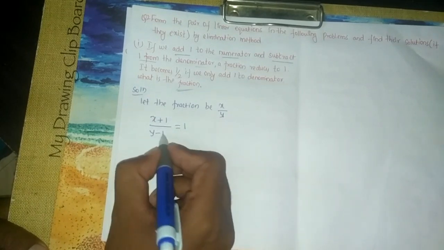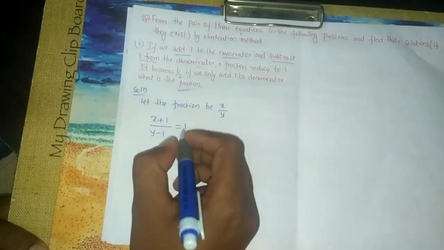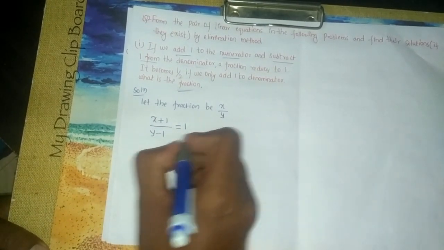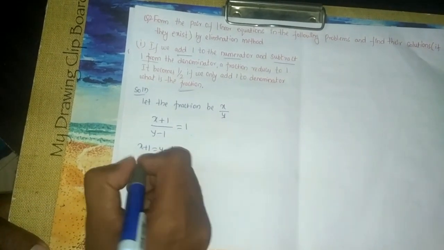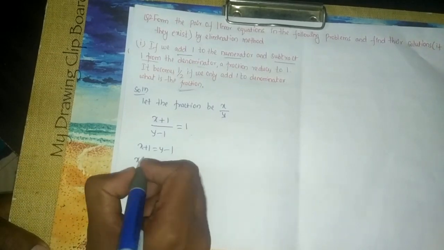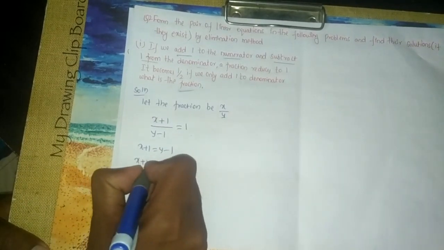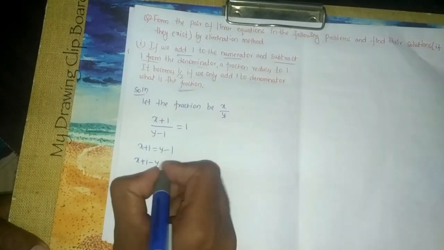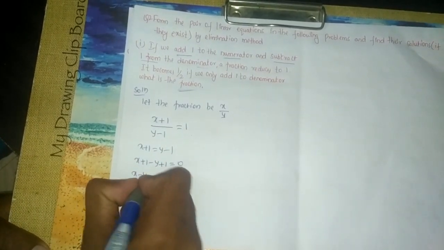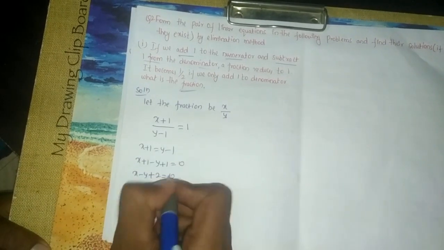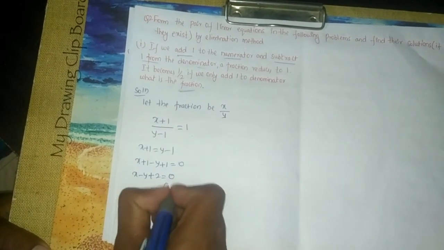So we'll get an equation, cross multiply with y minus 1. It will be x plus 1 equals y minus 1. Bring y to the LHS: x minus y plus 1 plus 1 equals 0, or x minus y plus 2 equals 0. Call this equation 1.